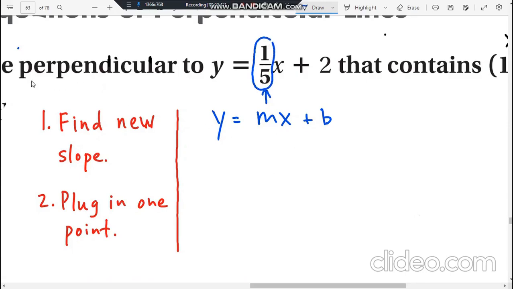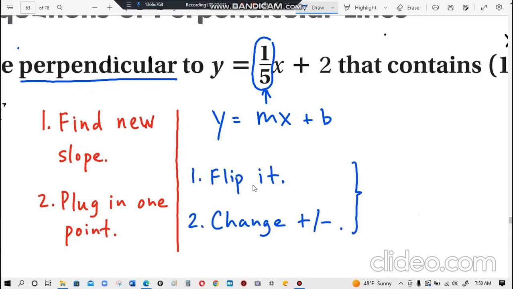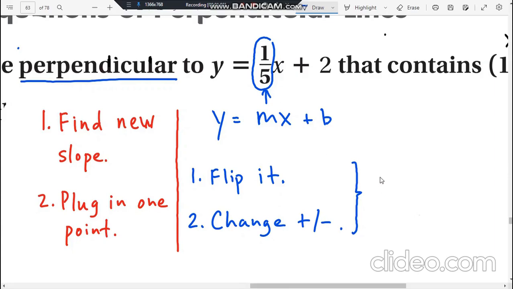But we need to find the slope for a perpendicular line. So we need to find the negative reciprocal. And there's 2 steps in finding the negative reciprocal. So you want to flip it and then change the plus minus sign. So the old slope is 1/5. So we're going to flip it and make it 5 over 1.